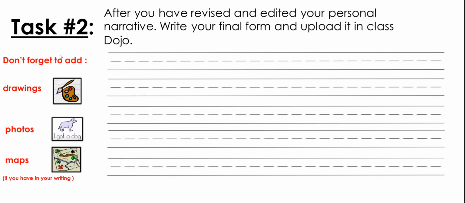Now here in your final, you can add drawings, photos, or maps if you have any maps in your writing. And then once you're done and you have your final form ready, it's going to be amazing. I know that. And then you're going to upload it in Class Dojo.